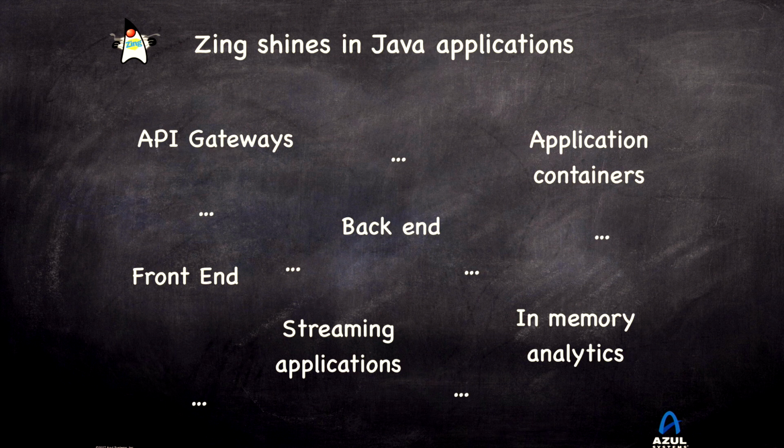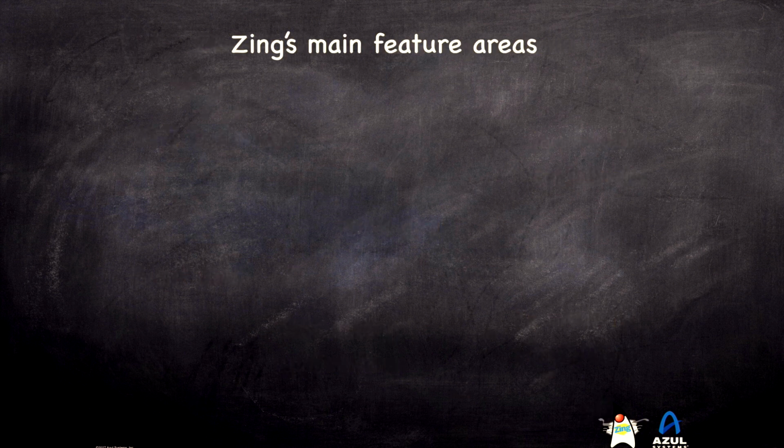If you want to look at it from your application's point of view, whether you build API gateways or back-end systems or front-end systems or in-memory analytics, those are all pieces of logic you build that could get better. And if we look at the features that make it get better, there are three main areas in Zing that do that. The first one is the garbage collector. We call our garbage collector C4.